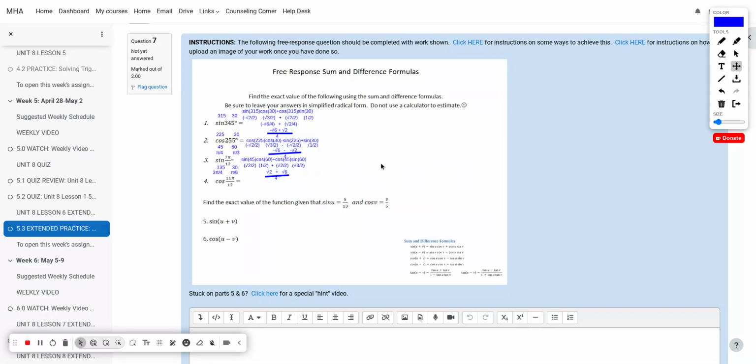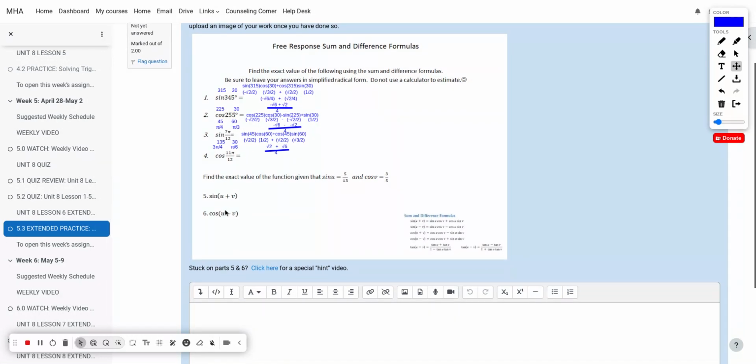So, pretty much for the sake of time, I'm sure you probably get the idea of what I'm doing here. So, these ones I'll just do myself. I'm pretty sure you get the idea, so I'm going to go ahead and skip this one. So this one is sine of u.